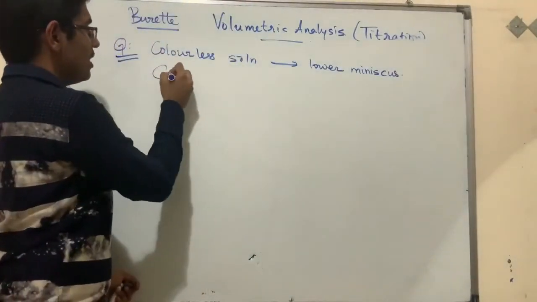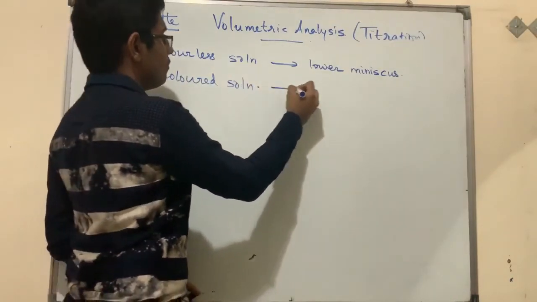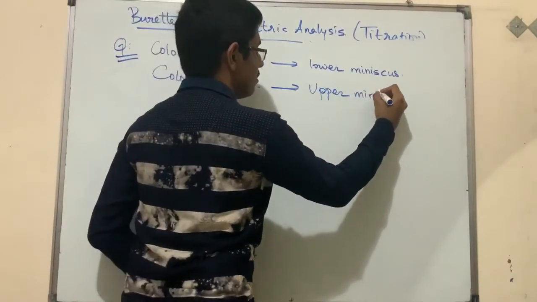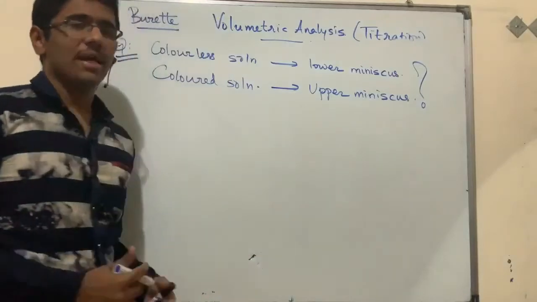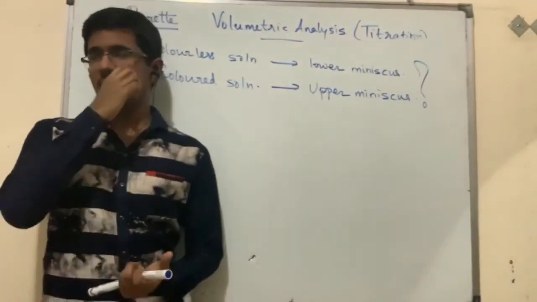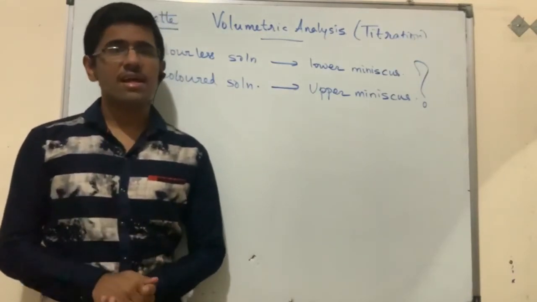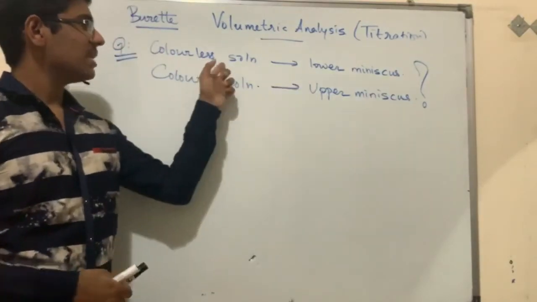For colored solution, we are reading the upper meniscus. Why, or what is the reason behind this? The simple reason is that the upper meniscus is clearly visible in case of colored solution and the lower meniscus is visible in case of colorless solution.